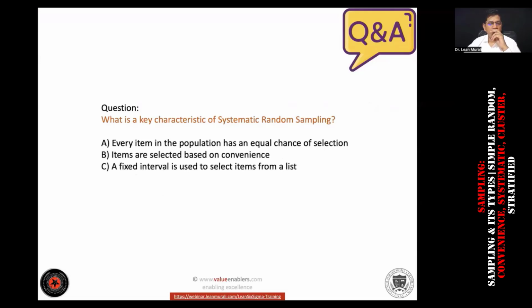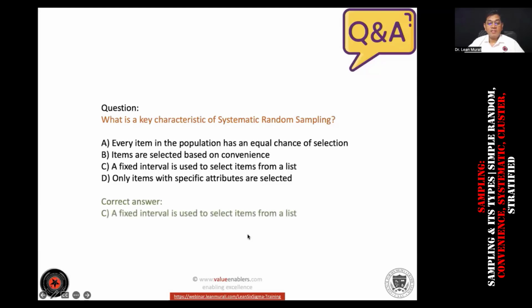A fixed interval is used to select items on the list, and only items with specific attributes are selected. Which is the right answer here? Fantastic, all of you are very attentive. The correct answer is that a fixed interval is used to select items from the list. Congratulations to all of you.